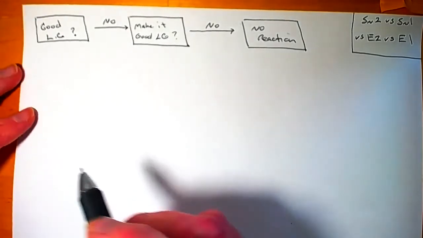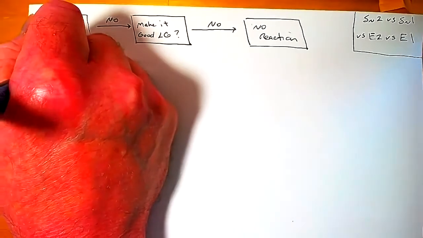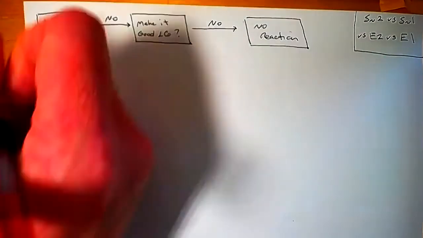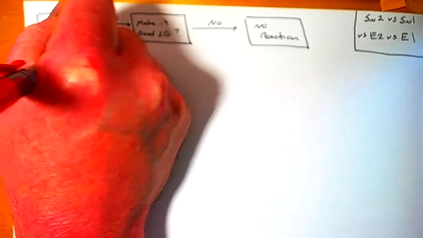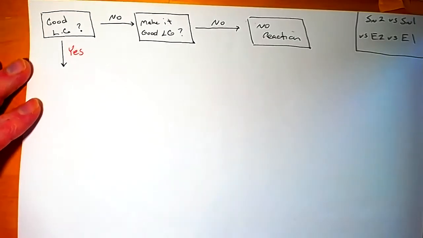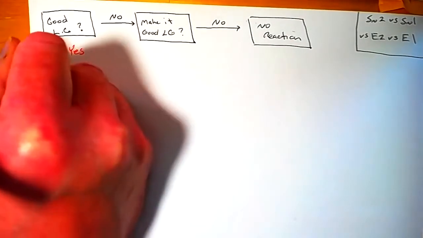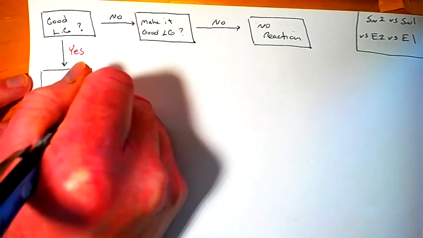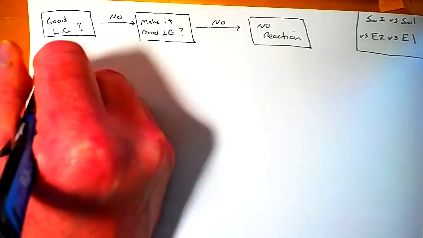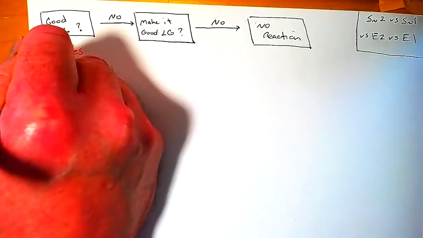Now, if you come away from this and you're like, well, yes, I do have a good leaving group, then what should be the next question that I ask? Because that's more than likely given in most systems.